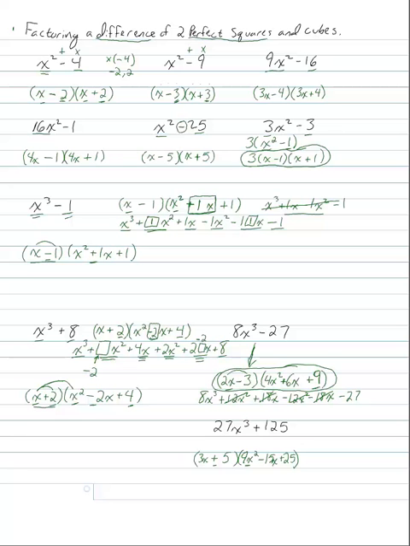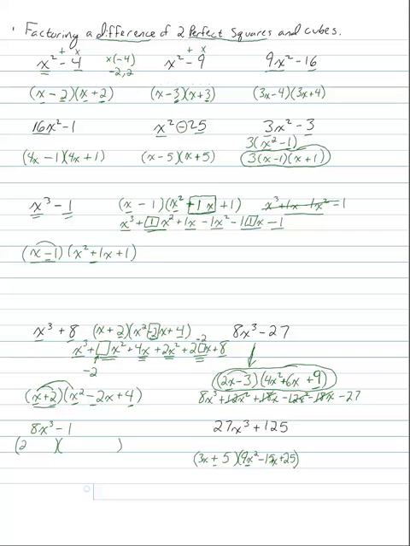We'll do one last one because this is a little bit tricky. So let's just do something like 8x cubed minus 1. There, that sounds good. So binomial, trinomial. Both terms in the binomial are just going to be the cube roots.